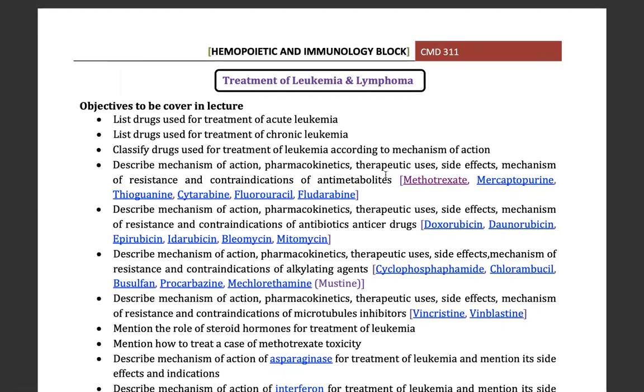So here, what I did: if you click on a drug, for example methotrexate, you will go to the landing page on medscape.com, and you will get all the information on methotrexate regarding the mechanism of action, pharmacokinetics, therapeutic use, side effects, and many more in regards to the pharmacology. If you click on mercaptopurine, you will land on this page.